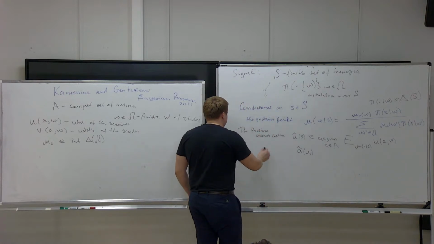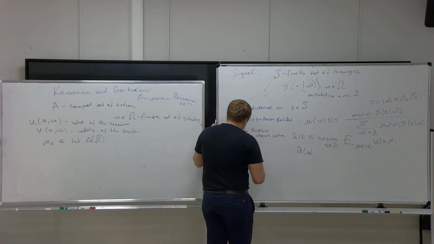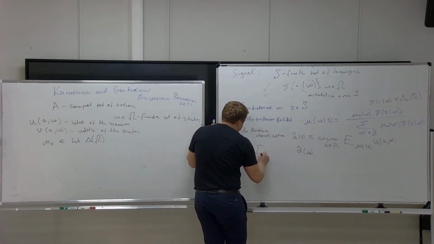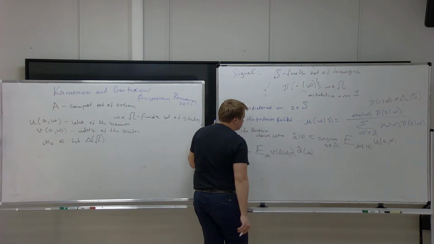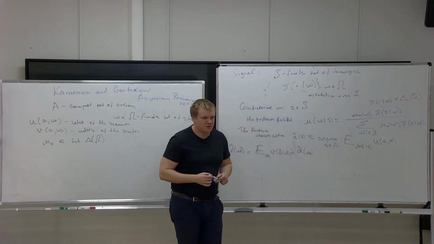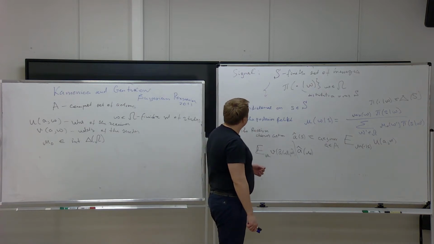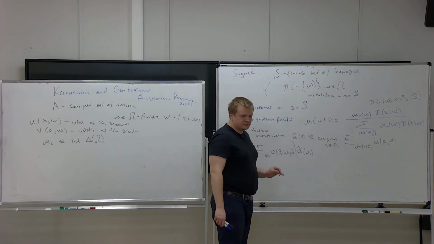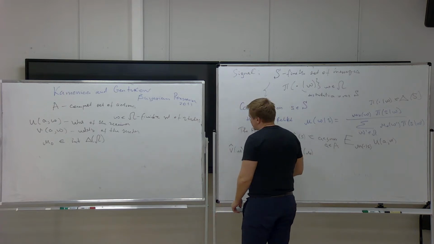Also, we can define V hat conditional on mu, which is just the expectation with respect to mu of V of A hat of mu, omega. This is what the sender gets if it happens that the belief is mu. This is the definition of V hat, and this is the definition of A hat.